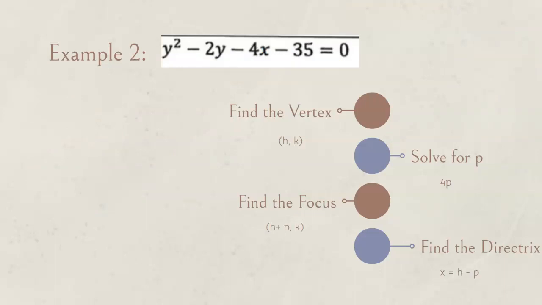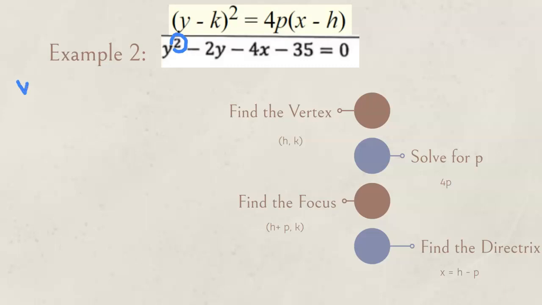Okay. In this example, our parabola has a squared on the y term. So that means that this parabola is going to be a sideways parabola. And before we can do anything, we need to make it look like this form of the equation. So we have to do completing the square to make that happen.